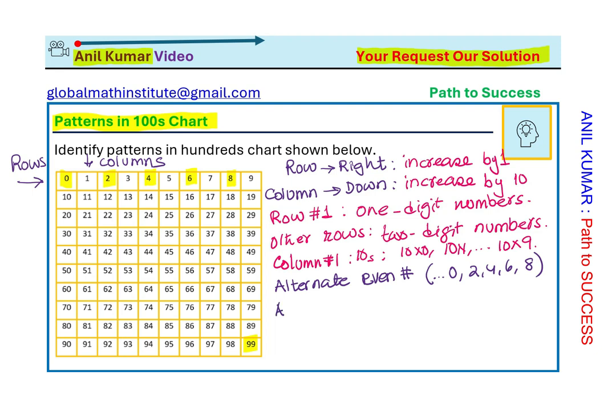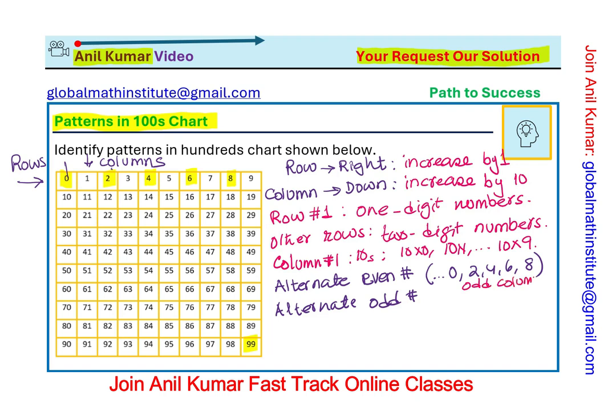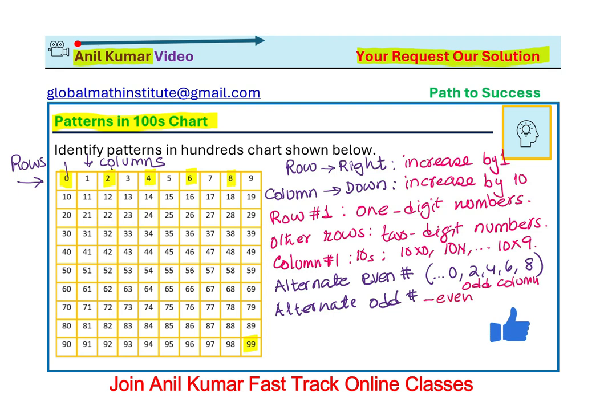And we have alternate odd numbers. Perfect. In our zero starting chart, the even numbers are in odd columns. This is column 1, this is column 3. So these numbers are in odd columns, and alternate odd numbers are in even columns.